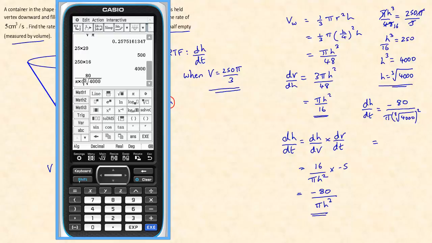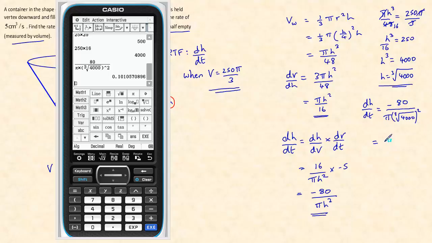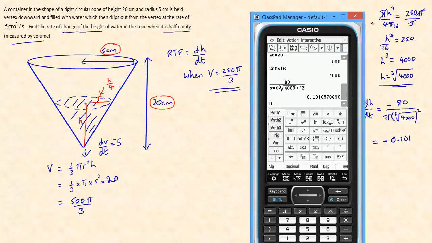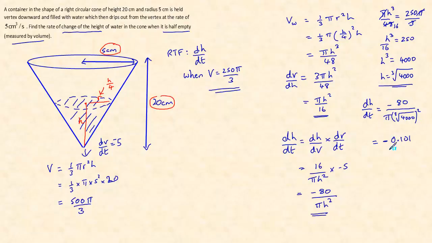We just need to put a bracket around that, and then we can square it. So that gives us -0.101, and that will be in centimeters per second, correct to 3 decimal places.